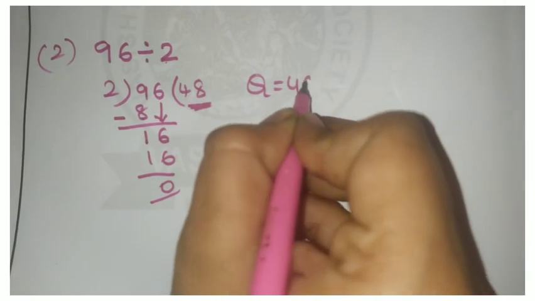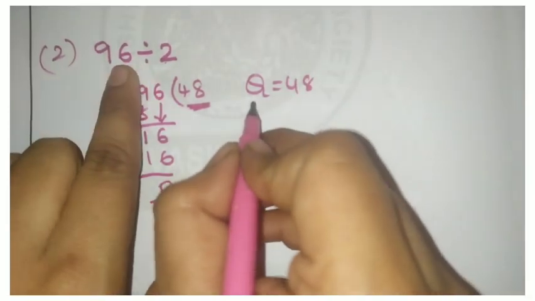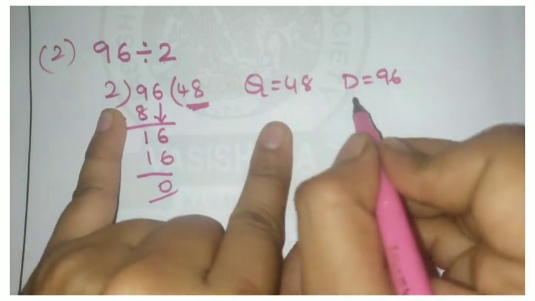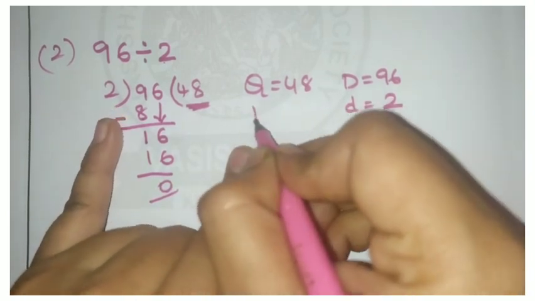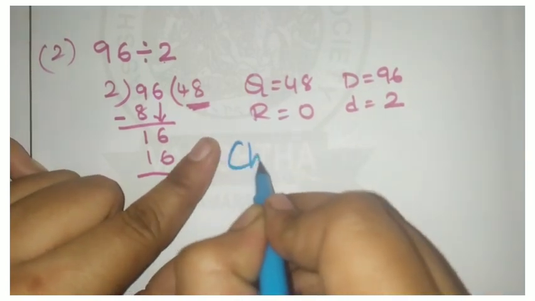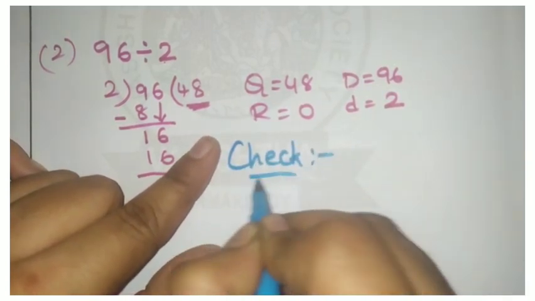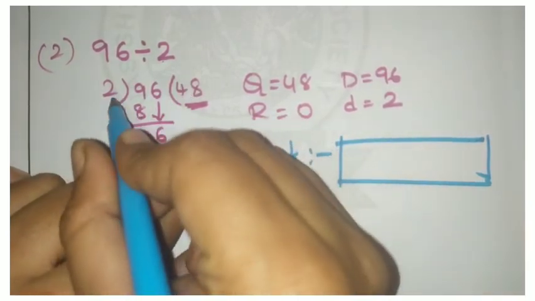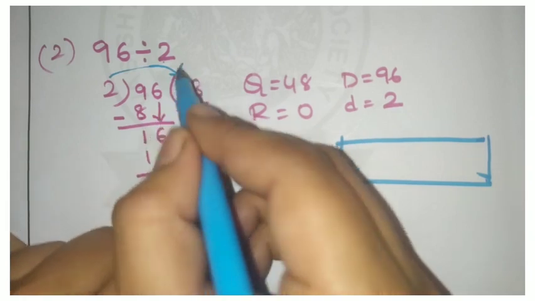Q is equal to 48 and dividend capital D is equal to 96 and small d is equal to 2 and remainder equal to 0. Okay, now we will do the check here. What is the formula for check? Yes, we will multiply these two and we will add this.